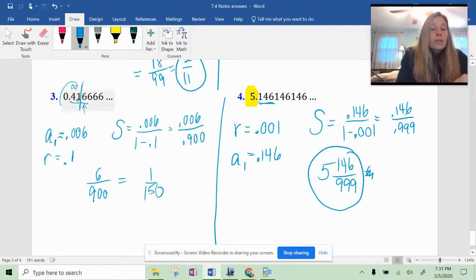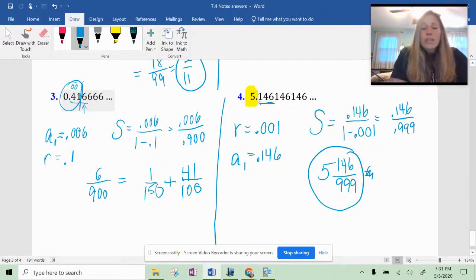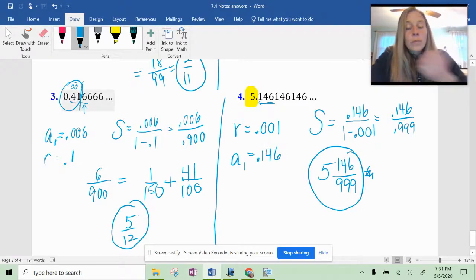The only thing is we still have this 0.41 that we kind of just forgot about. So that's going to have to be added to that. And 0.41 is 41 over 100. Or you can just add it as a decimal, whichever way works for you. If you add it as a fraction, you're going to end up with 5/12 as your simplified fraction. And that would be your fraction for that one.